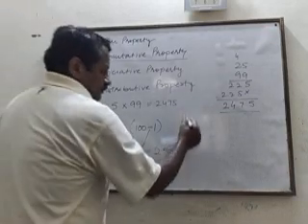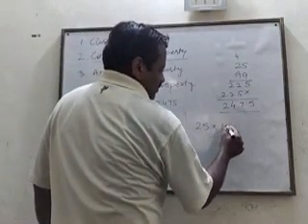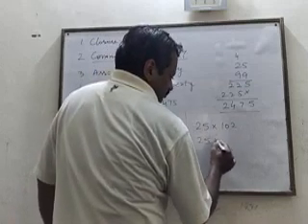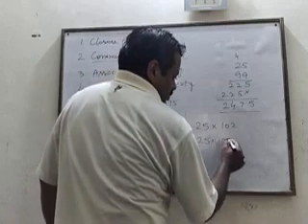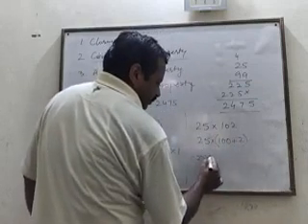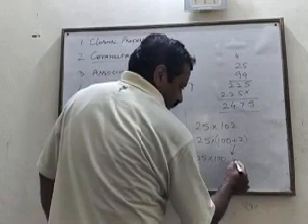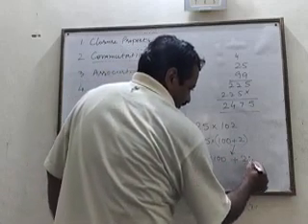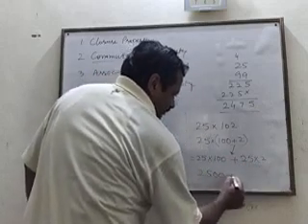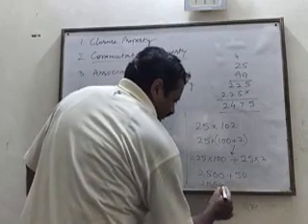Similarly, if the number is 25 multiply 102 and you are writing 25 multiply 100 plus 2, and then you are multiplying 25 into 100, then this sign plus 25 into 2, 2500 plus 50, 2550.